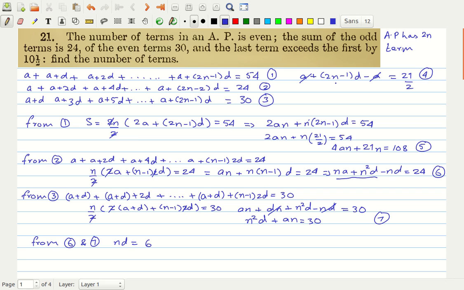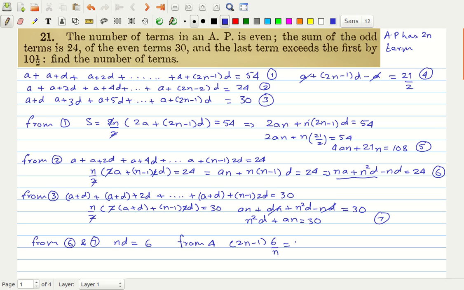Now, if you see equation number 4, we have 2n minus 1 times d is equal to 21 by 2. So from 4 we have 2n minus 1 times d, and d we can write as 6 by n.